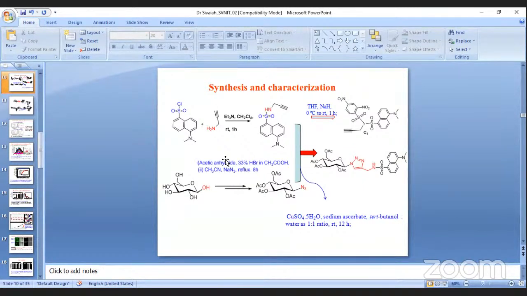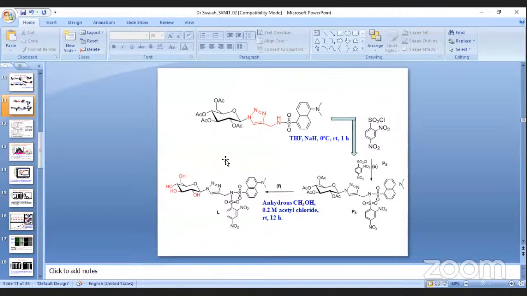So that is the glycoconjugate, the triazole-linked dansyl derivative. And just above, I have synthesized the C1 molecule, which is a control molecule, in the absence of the glucose moiety, because we want to check the role of glucose. Okay, so that is a control molecule.